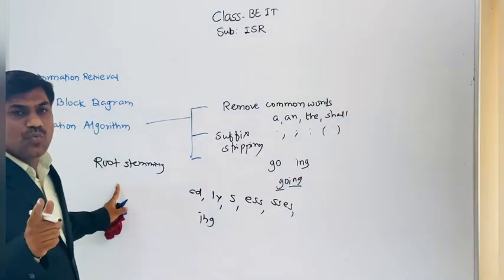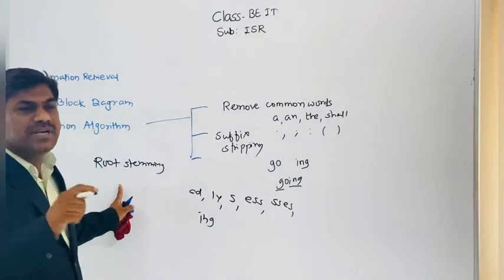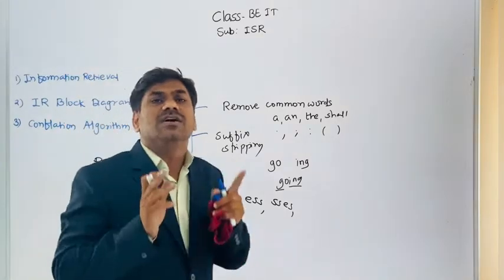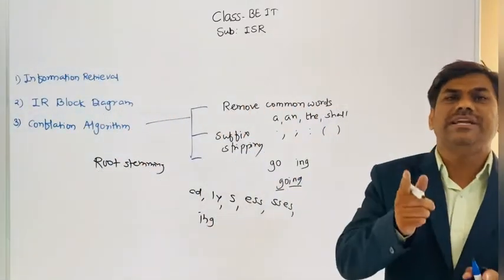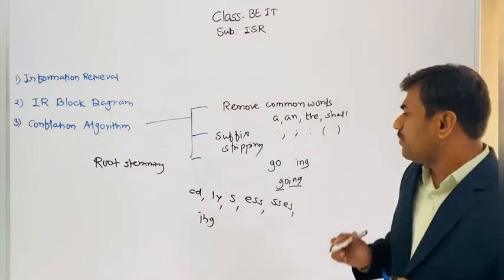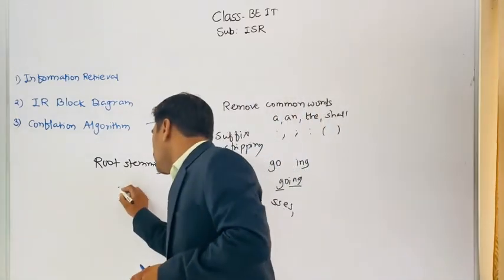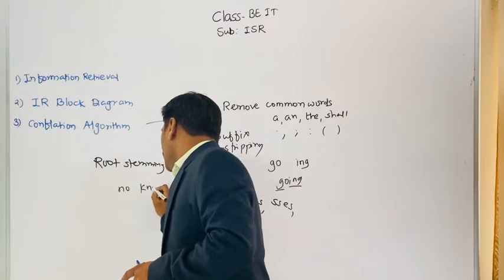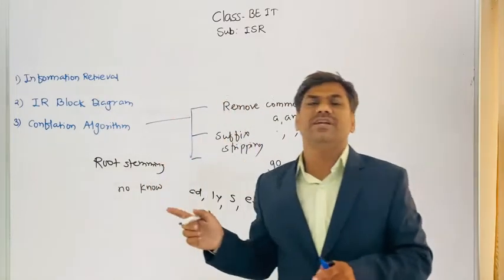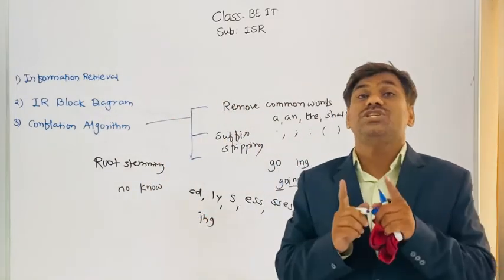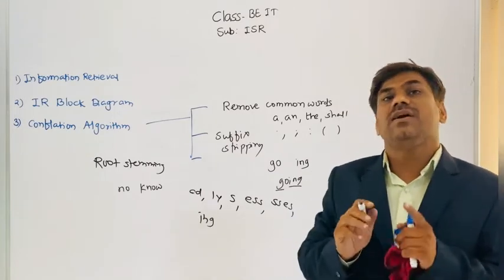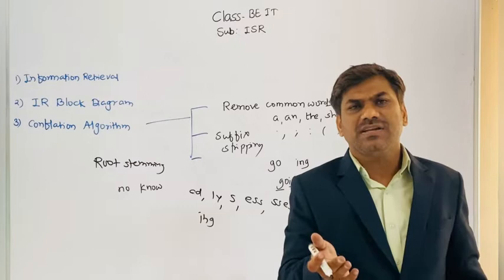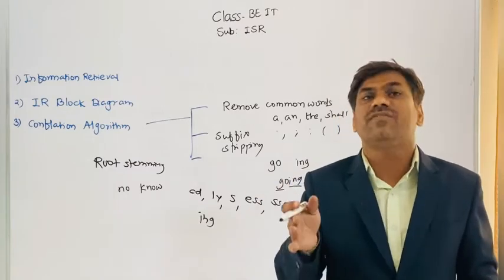The words which have common pronunciation, I repeat, the words which have the same or common pronunciation will be treated as the same. For example, no and KNOW. These two have the common pronunciation as no, so these two will be replaced by a single one. Now here, from person to person, they may use different techniques.